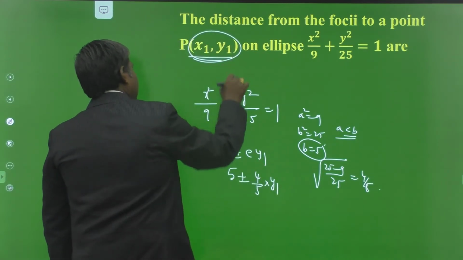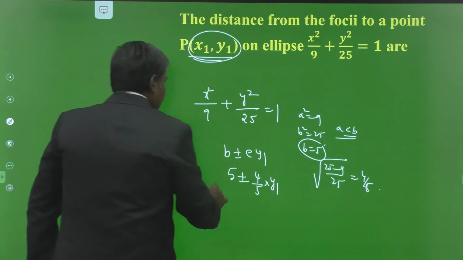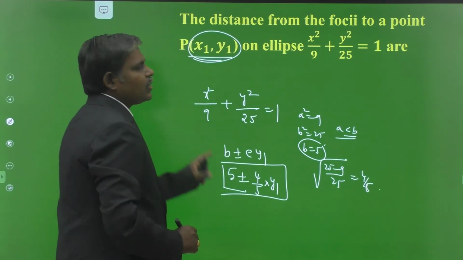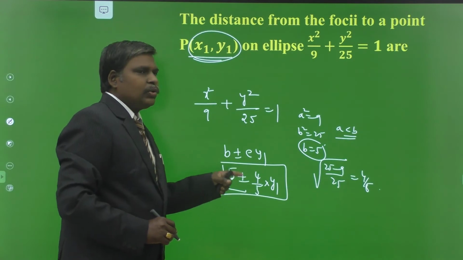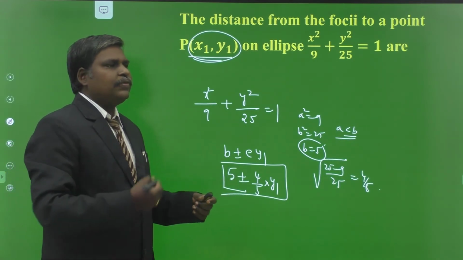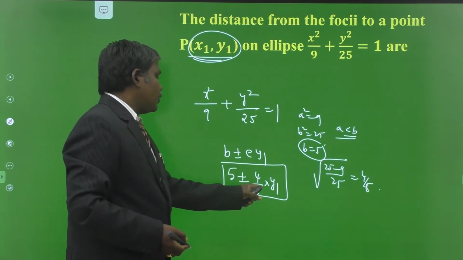This is the general point on the ellipse, you take y1 itself. So your answer is 5 plus or minus 4 by 5 y1. These are the focal distances of a point on the ellipse. Why are we getting two distances? Because there exist two foci for the ellipse. Therefore, these are the two focal distances: 5 plus or minus 4 by 5 y1.